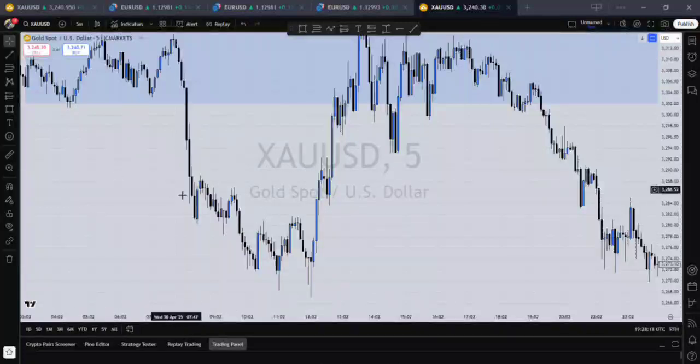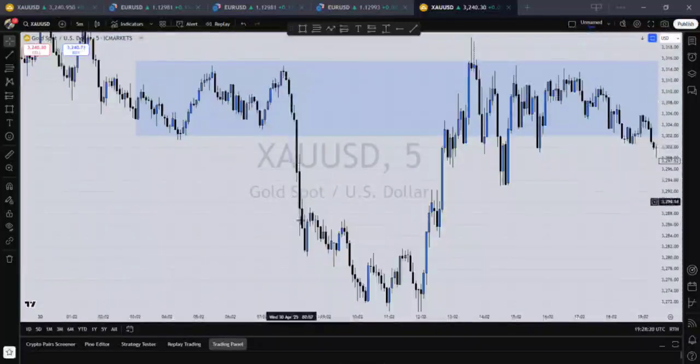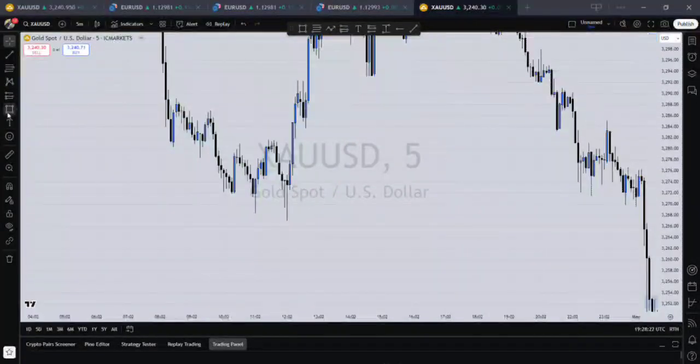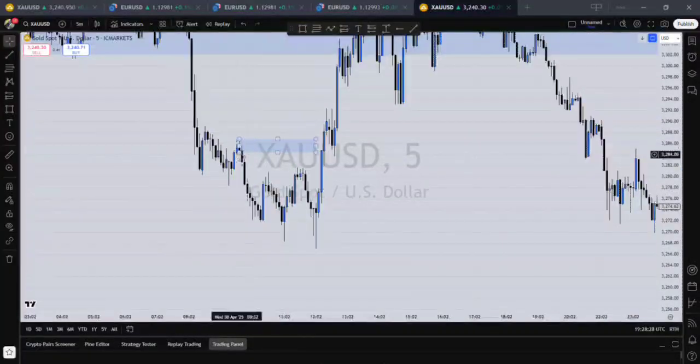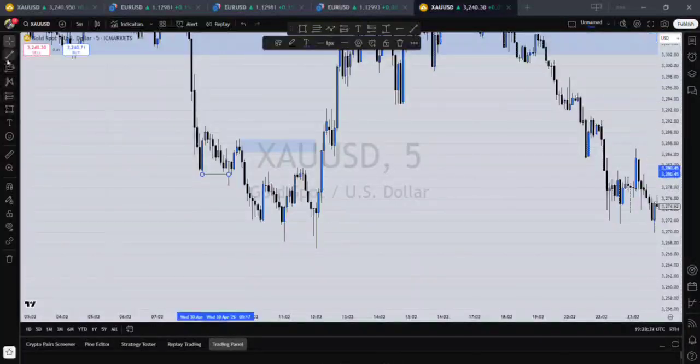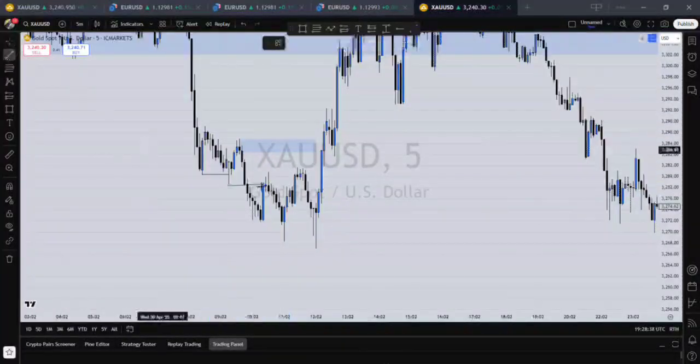If you are using 5 minutes, you see that after this impulsive break, it doesn't mean that because price has broken this, the trend has changed. This is even the second supply. Okay, let's count. We have one break, two.